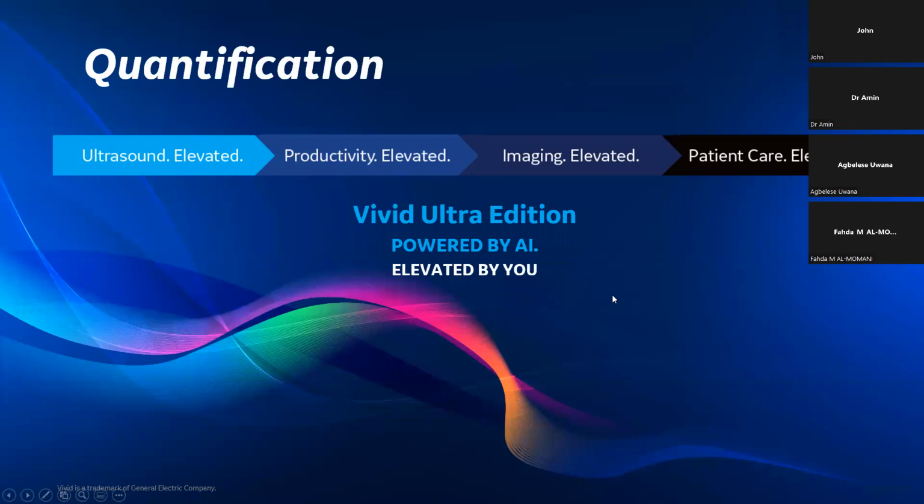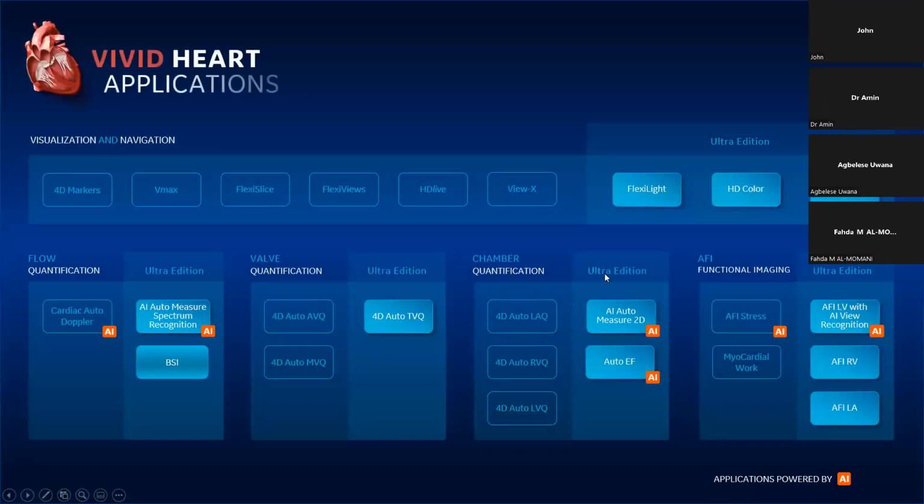The third area that 4D echo can help is in terms of quantification. Of course, there are the typical quantification tools in 4D when it comes to volumetric and functional and so forth, but there's also the anatomical quantification. There are all kinds of quantifications, and as you can see, AI is being used in most quantification tools, whether it's cardiac auto Doppler with or without spectrum recognition, or strain or chamber quantifications, or, in terms of structural heart disease, one of the most important, valve quantifications: aortic valve, mitral valve, and tricuspid valve.